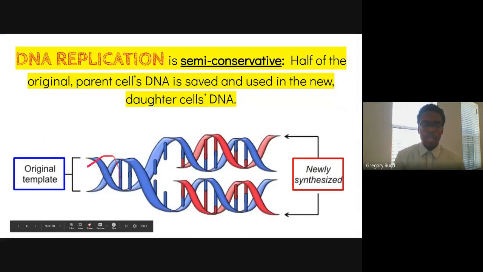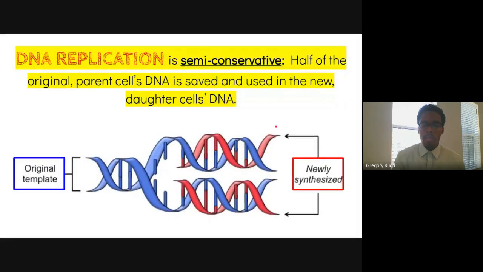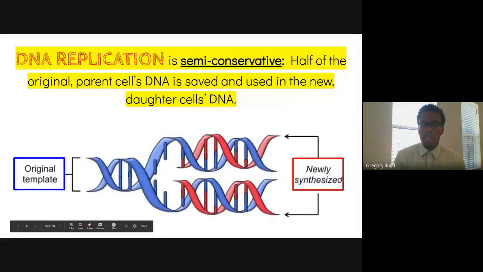We've got the parent DNA, which is all blue. But as we copy it, half of that blue remains, and the other half is red. It's coming from another source. It's newly synthesized. It's newly made. And this means that each of the two new strands of DNA has half of the old strand and half of the new strand.